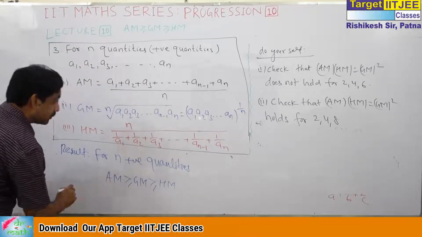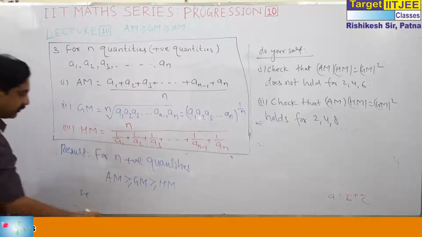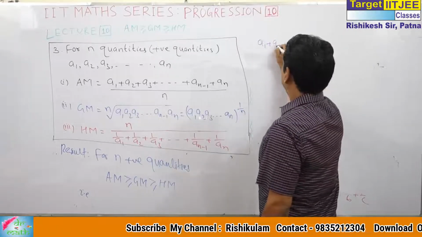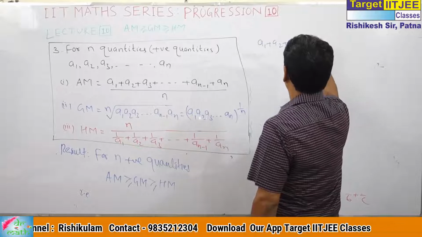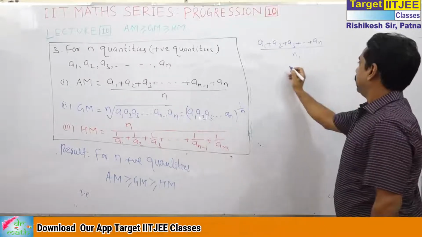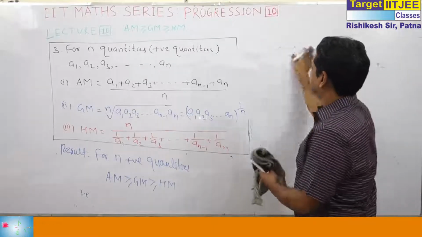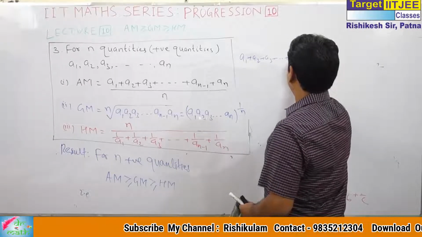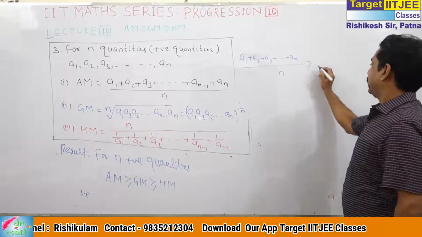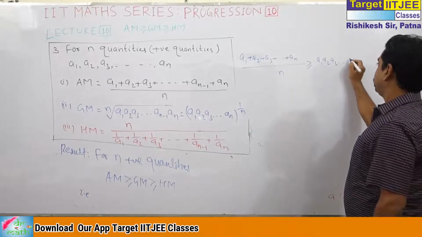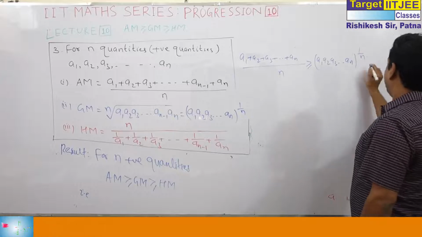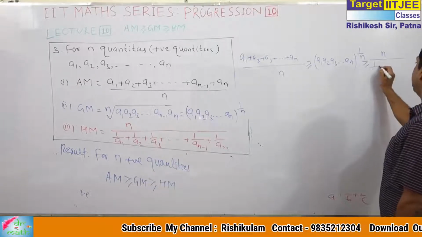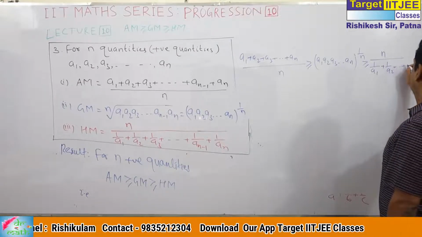That is, (A1 + A2 + A3 + ... + An)/n is greater than or equal to (A1 A2 A3 ... An)^(1/n), and this is greater than or equal to n divided by (1/A1 + 1/A2 + ... + 1/An).